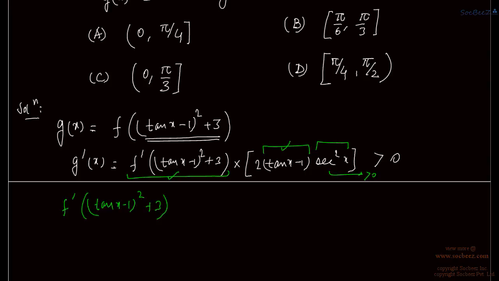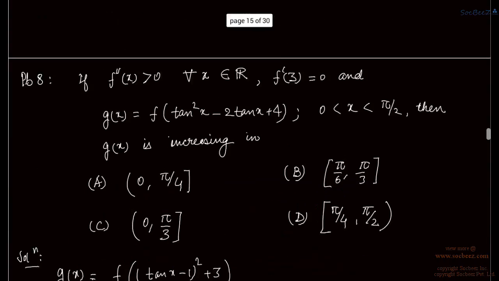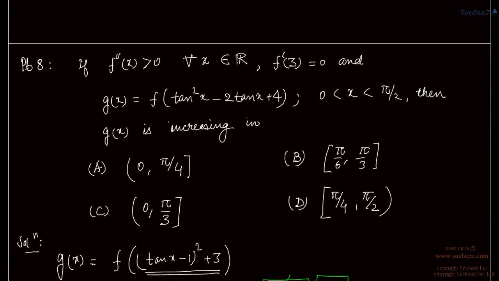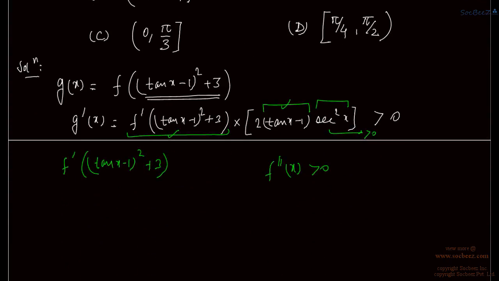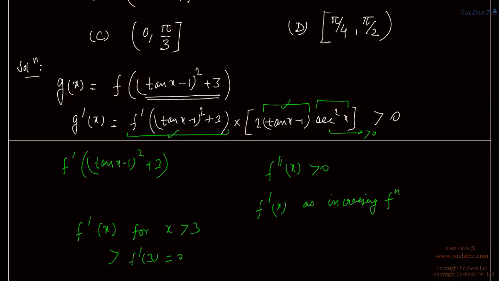Okay. So it is given in the question that f double dash x is greater than 0, right? So we have f dash x as an increasing function, which means that f dash x for x greater than 3 must be greater than f dash 3, which is equal to 0, right?